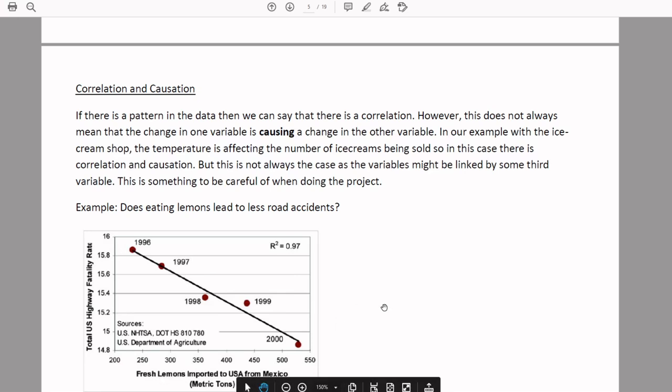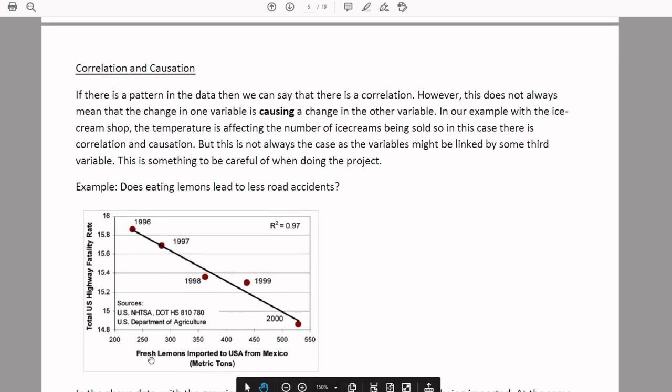This is real data from the United States: the number of fresh lemons imported, and highway fatality rates, for different years. Now, this looks like it's a strong correlation, because the points are close to that straight line. But obviously, the more lemons you've got, it looks like the fewer accidents you have.